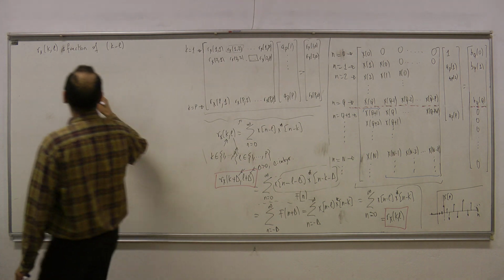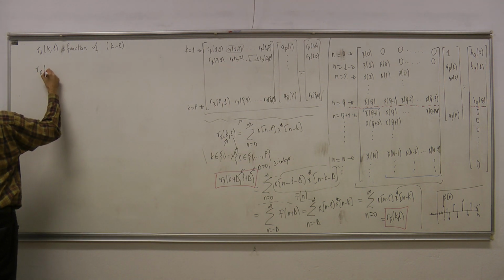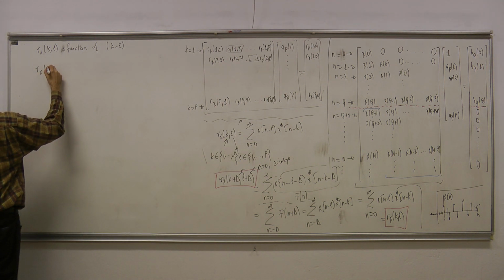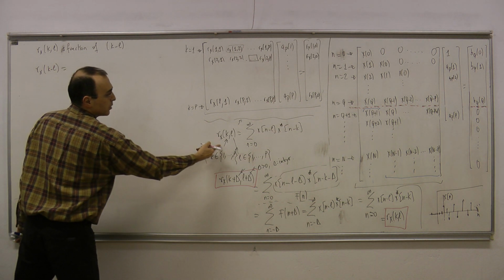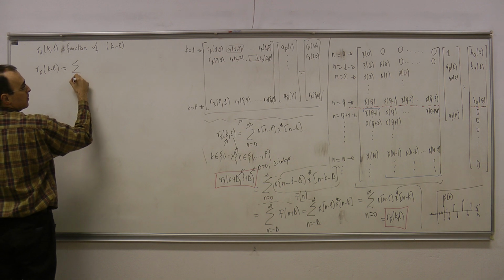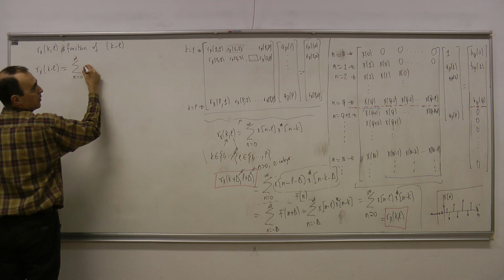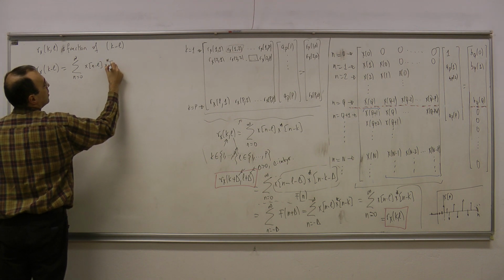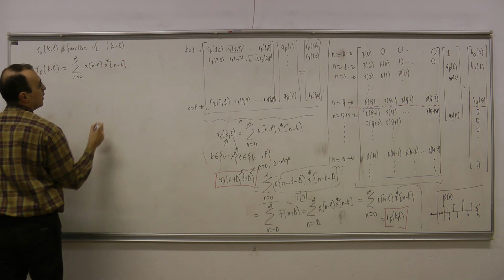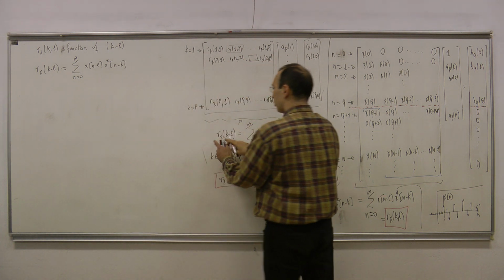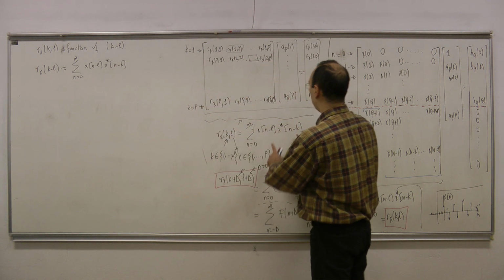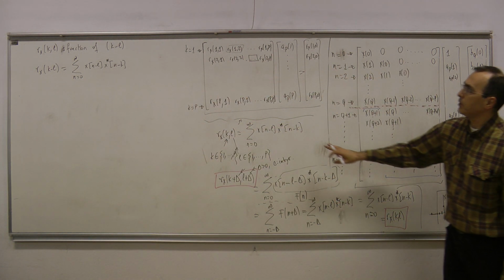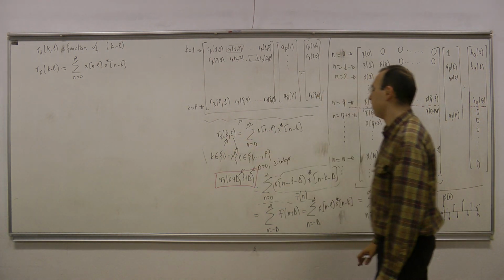So in other words, I can write Rx of, let's say, K minus L. It's some abuse of notation. The sum from 0 to infinity of x[n minus L] times x conjugate [n minus K], because it doesn't matter. So instead of KL, I can write this as K minus L.